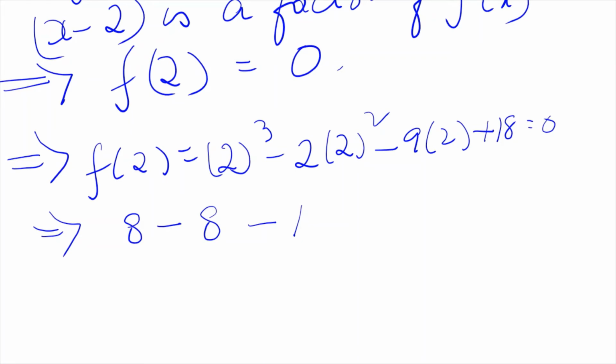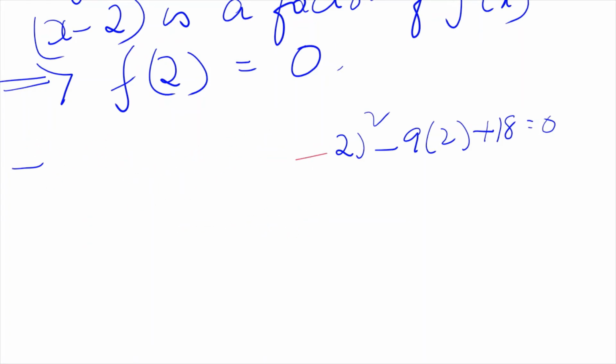It is coming 0, so we need not show this again. We have to divide this by long division method. Why? Because it will leave the remainder 0, and whatever you get as the quotient after dividing, you have to factorize that so that the entire expression gets factorized. Okay, so f of 2 is equal to 0.